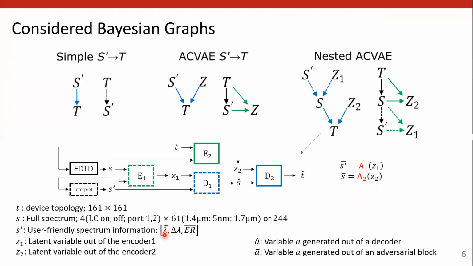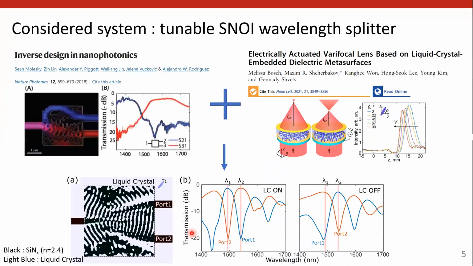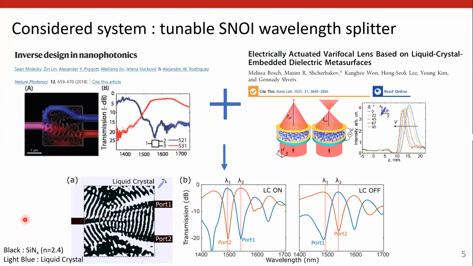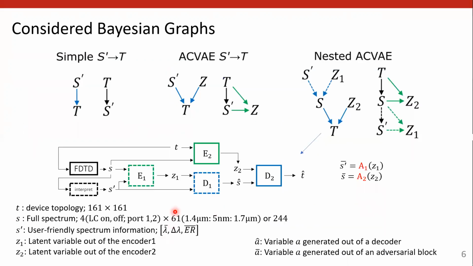Lambda bar is the average of the two wavelength windows. Delta lambda is their difference. Extinction ratio is the average of these four extinction ratios. And S is the full spectrum. In principle, we don't need the information about what's going on outside of these wavelength windows, but what if we take this information into account when we design the network?